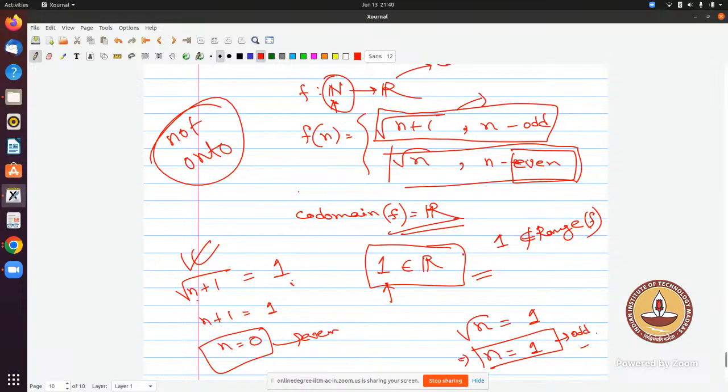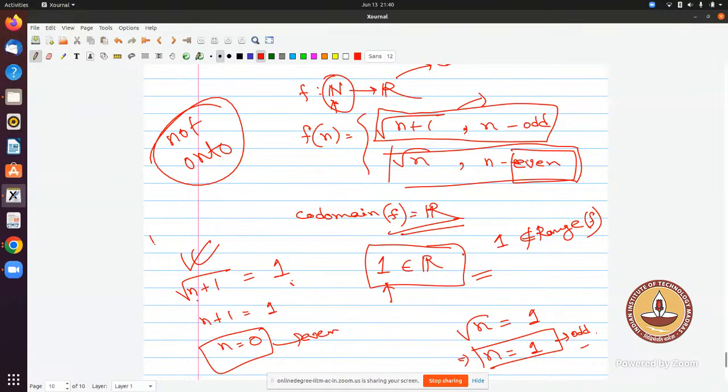Sir, I have a small doubt in this step. Sir, A backslash B. So the backslash means I'm removing the elements of B from A, right? Just go back to the recording of this session. At the beginning, I have said that.